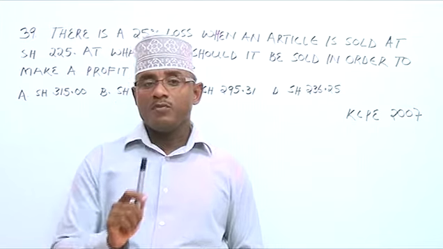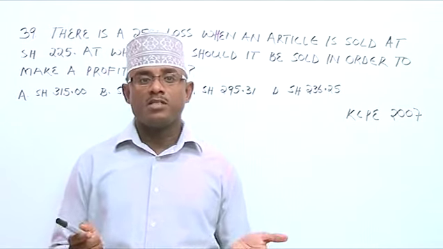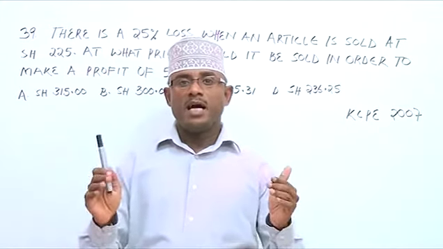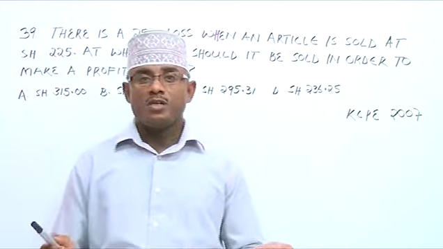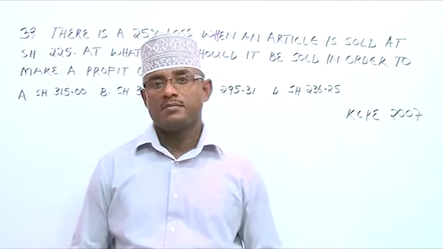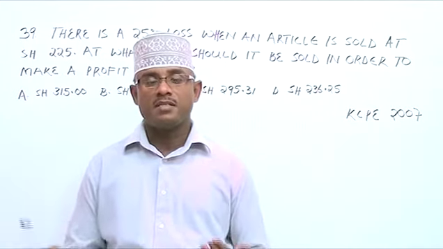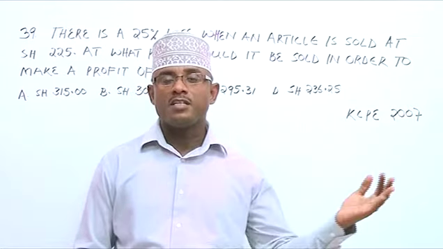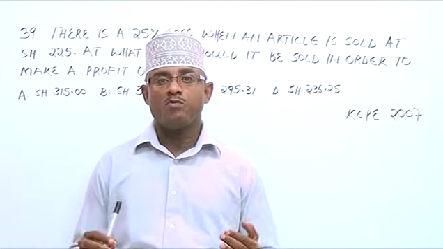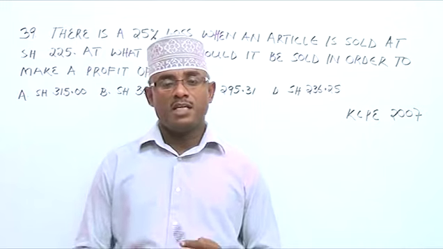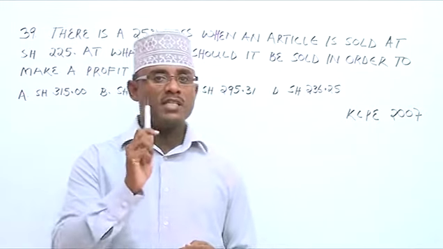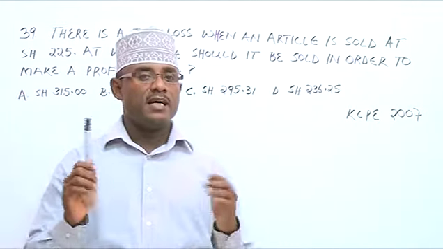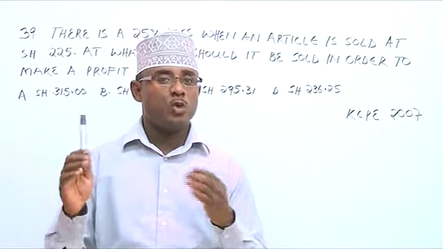But if you're going to make a loss, it means you're going to sell the item at a price less than what you bought it at. So if you bought it at 100%, and after selling it you're making a loss of 25%, it means you have sold that item at 100% minus the loss of 25%.